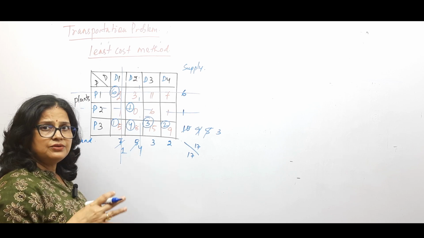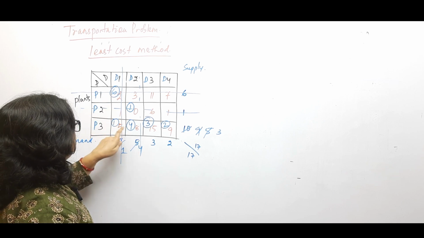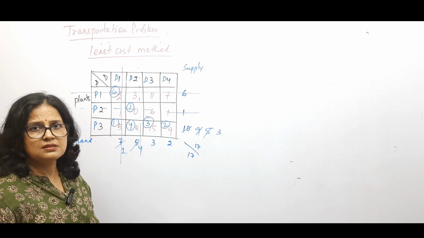In this case, how are we going to calculate? See, our total assignment is 1, 2, 3, 4, 5 and 6.